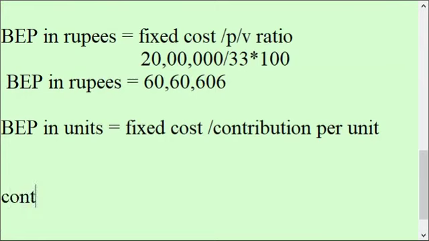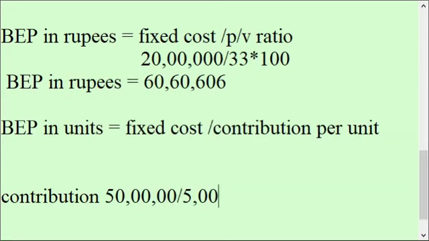So contribution is equal to, we have already calculated 50 lakh. This divided by 5 lakh, how much will it come? 50 lakh divided by 5 lakh, that will give an answer of rupees 10 per unit. We have already calculated contribution.